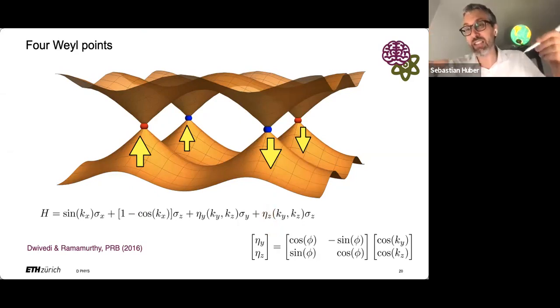Because we do it with axial strain, let's say, or with the sublattice potential as we had before, you don't break time reversal. The moment you don't break time reversal, whenever there is a blue one that goes down, there also needs to be one that goes up. So you actually all of a sudden have blue Weyl points that have a chiral channel going up, and one going down, and one going up. And now it's not so clear what happens to these non-local orbits.